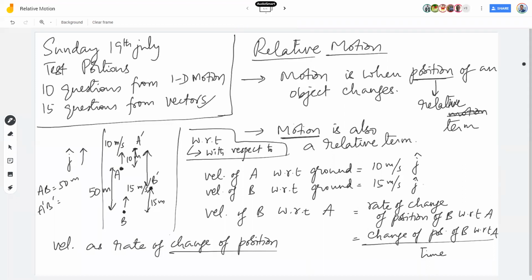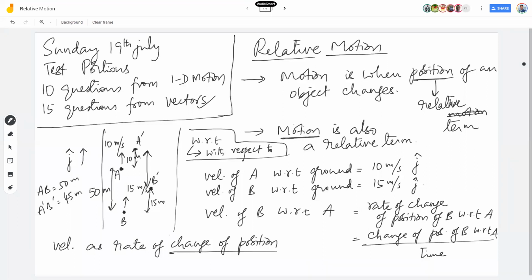A has moved 10 meters that way, B has moved 15 meters this way. What do you think the new distance between them will be? Yes, very good. So the new distance between them is actually going to be 45 meters. You may think, okay, sir, B moved towards A a distance of 15 meters, so 50 should reduce by 15.